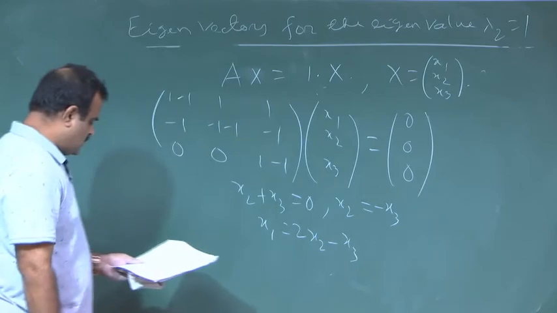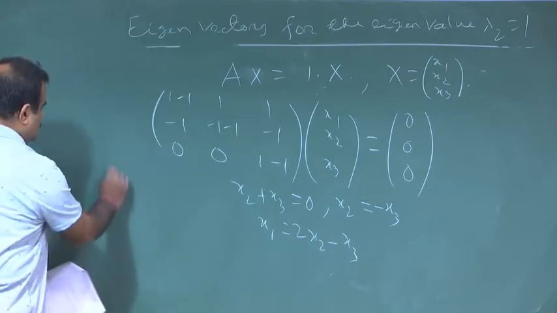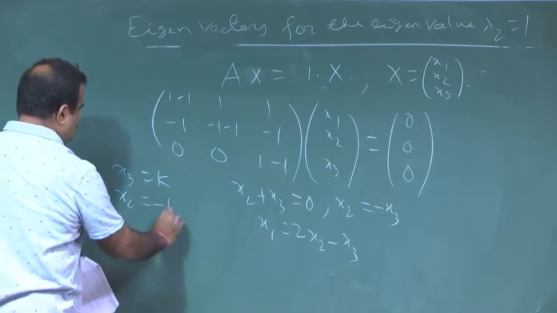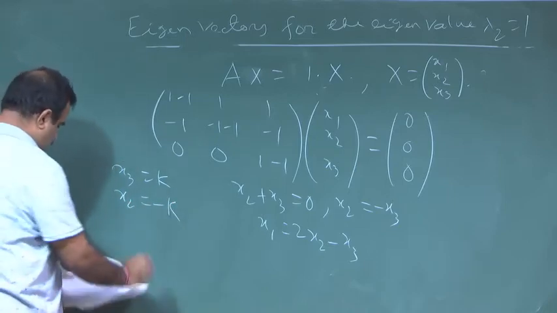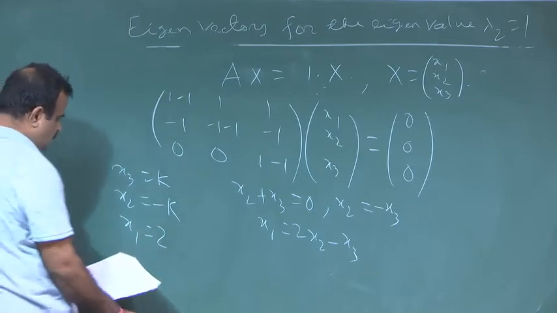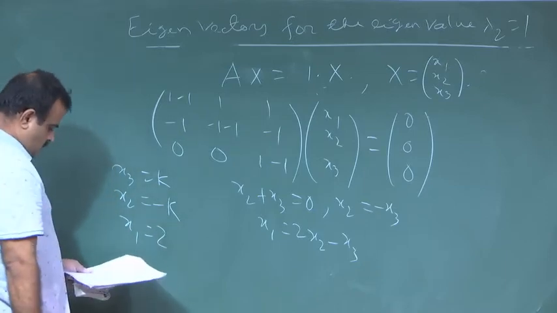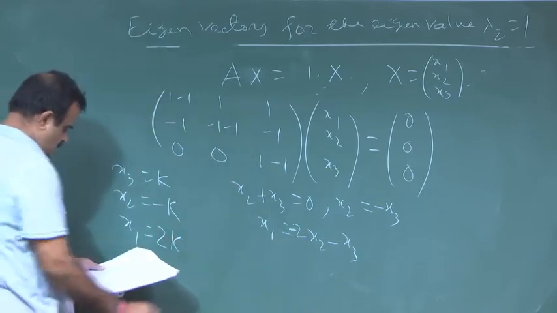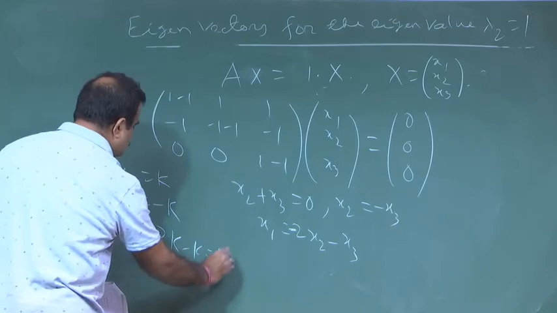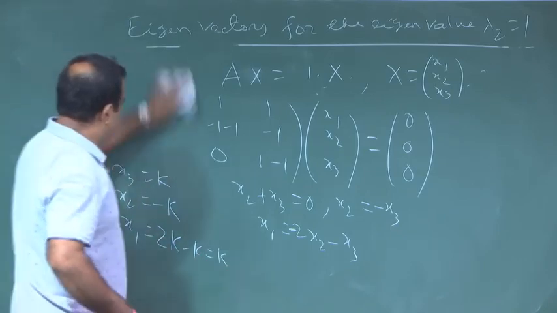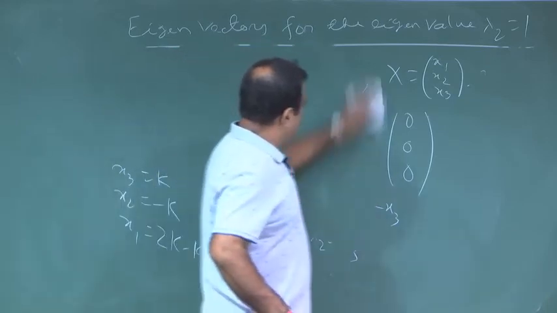If we choose x 3 to be k, then x 2 becomes minus k, and x 1 becomes 2 times minus k minus k, so x 1 is also k. So, x 1, x 2, x 3 is of this form.